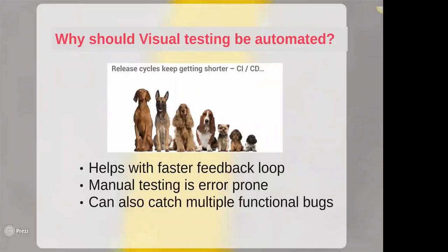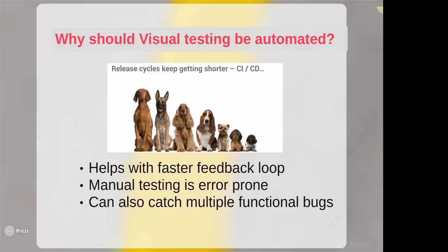Also, our release cycles keep getting shorter. It helps with a faster feedback loop. Manual testing is error prone, and visual testing can also catch functional bugs, not just layout issues. For example, a link is missing or something like that.